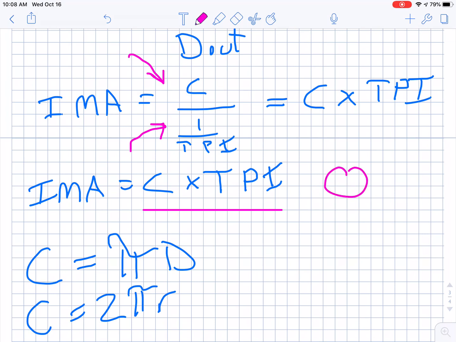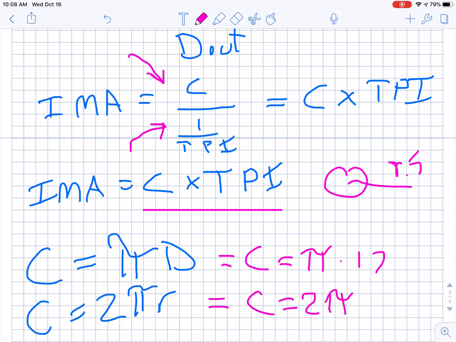If I want to use pi d, remember diameter is all the way across, and I told you in the very beginning that the length of the wrench is the radius. Well then, 8.5 times 2, so circumference equals pi times 17. That's really important. Or if you don't like that, okay, sure, fine. Then use circumference equals 2 pi 8.5.